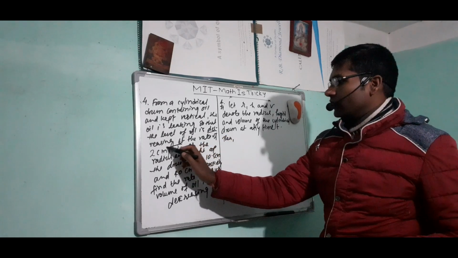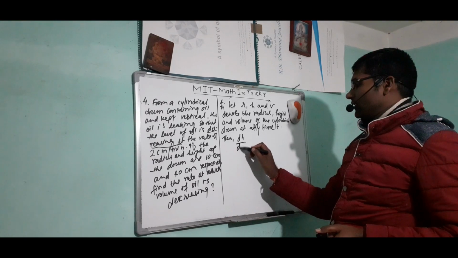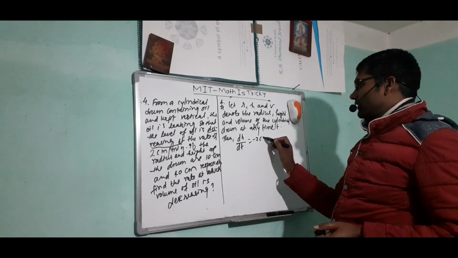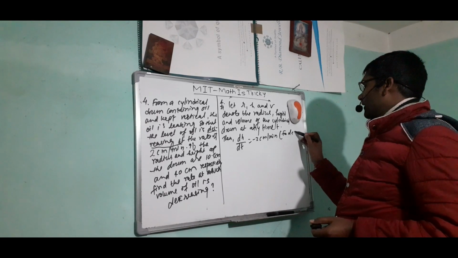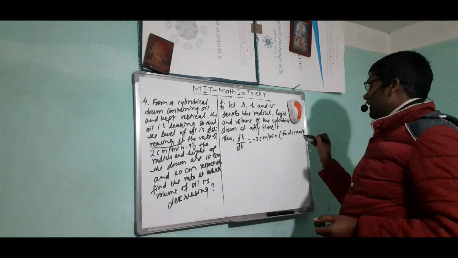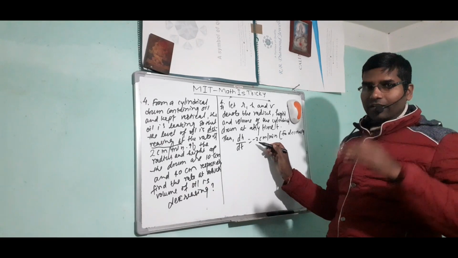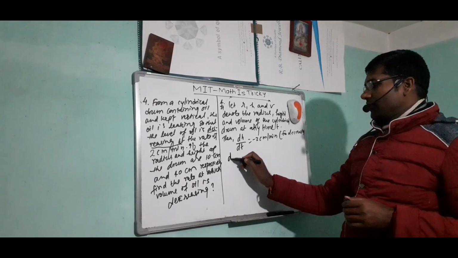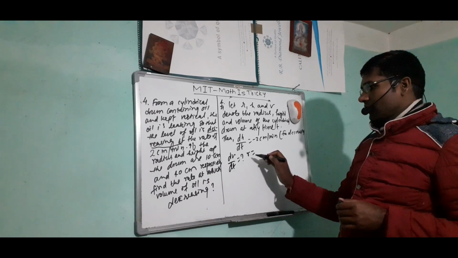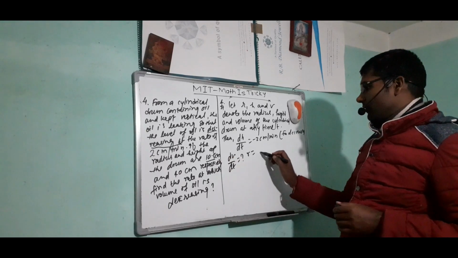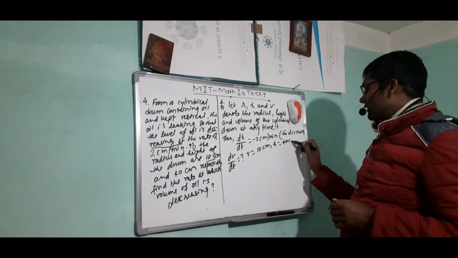For decreasing, note down here, the level of oil is decreasing, so dh by dt will be minus 2 cm per minute. Minus indicates the level is decreasing. Okay, so we need to find dv by dt equals what, when r is 10.5 cm and height is 40 cm.